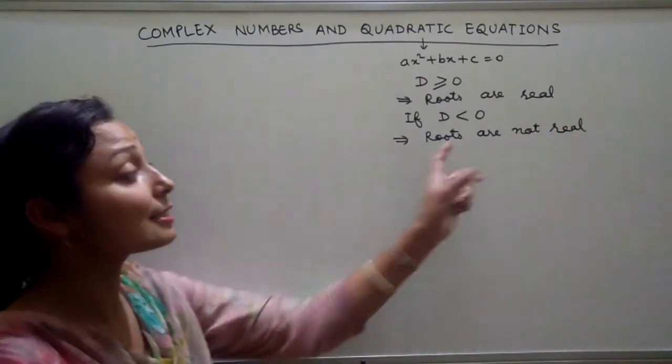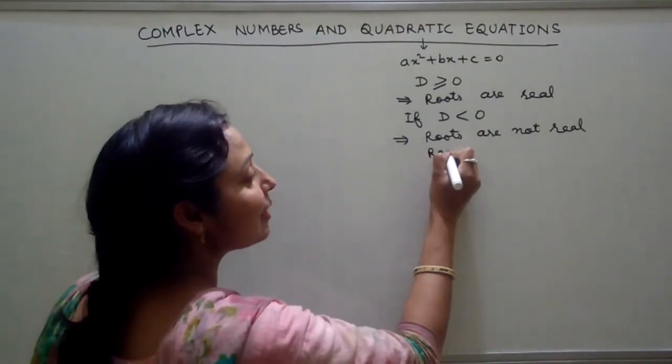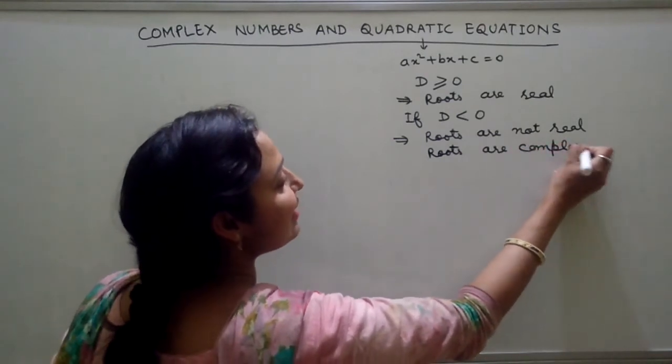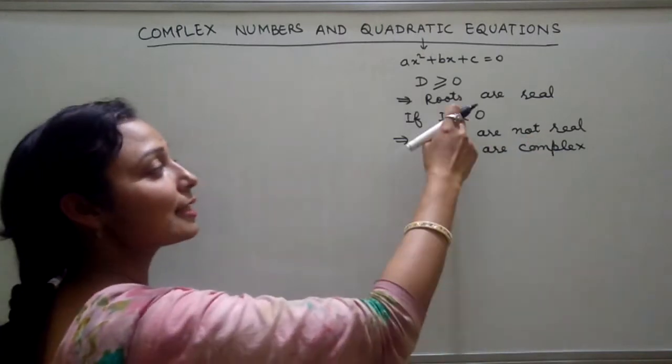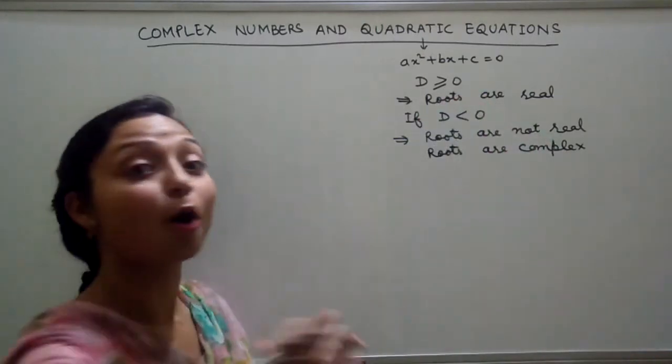Then what are the roots when they are not real? Then the roots are complex. That means the chapter starts from this point: when the discriminant is less than 0, it makes the roots complex.